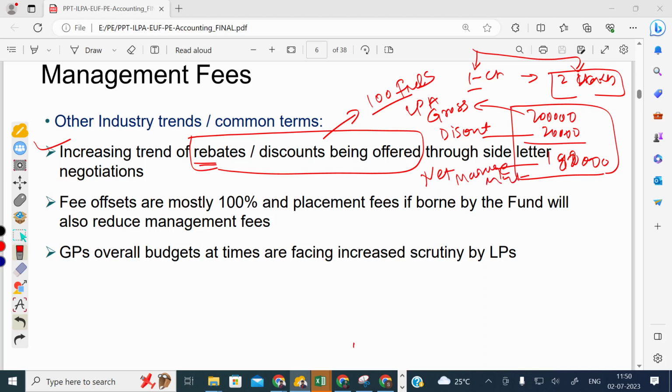Right? Of 2 lakhs, 20,000 will be debited as a discount, and then 1,80,000 will be received from the limited partners by the fund manager.